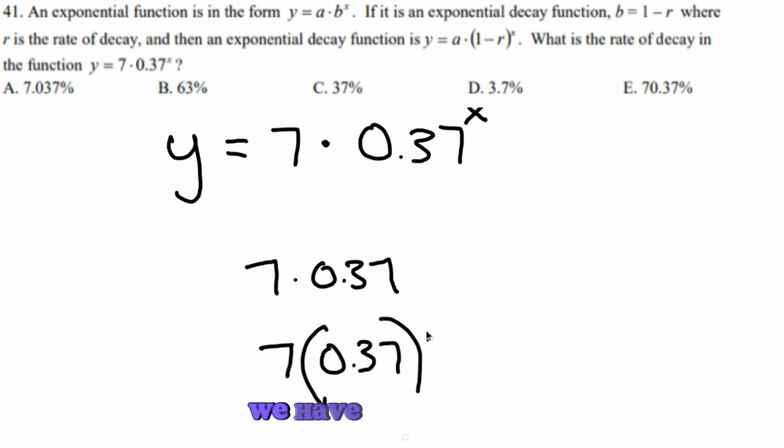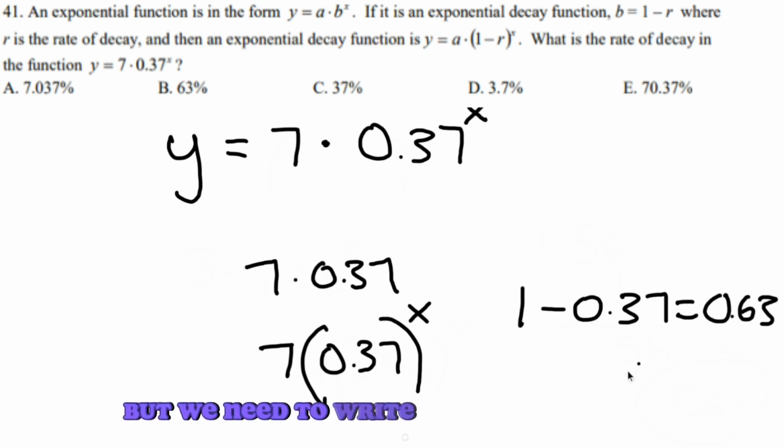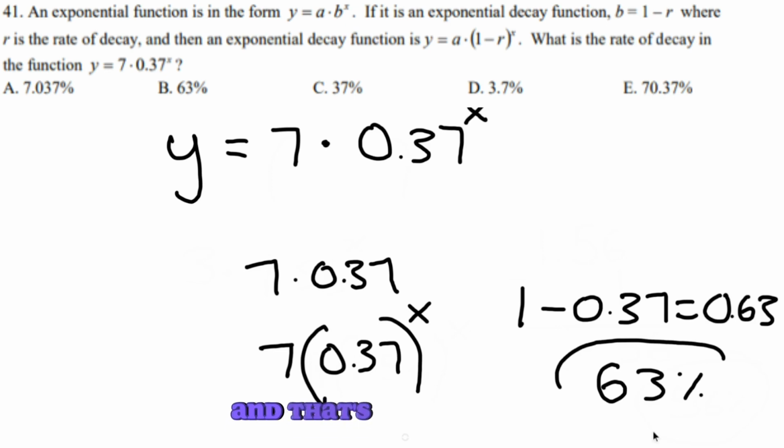And then, of course, we have our power x. Now we can solve. So when we're solving for the rate of decay in the function, all we're doing is 1 minus the decay factor. So 1 minus 0.37 gets you 0.63. But we need to write that as a percent. So that's 63%. And that's your answer.